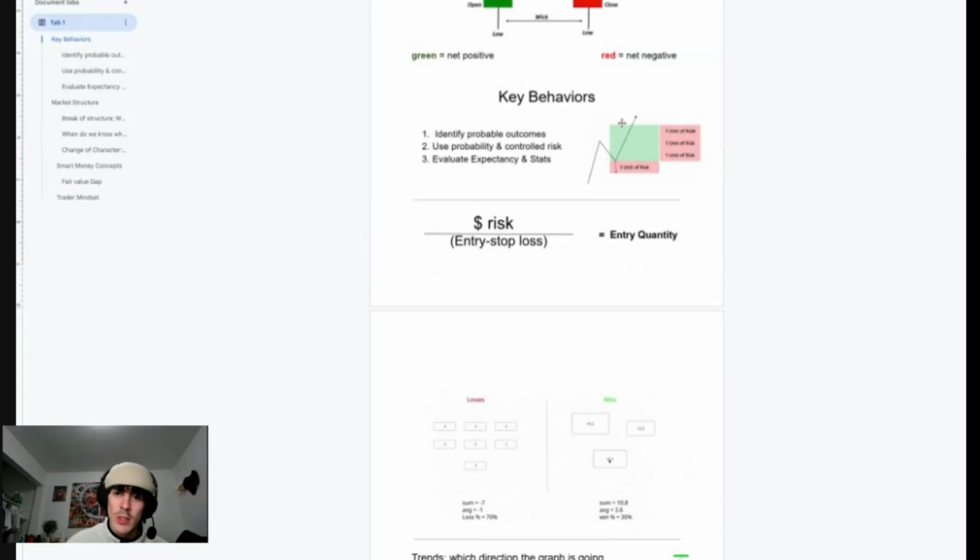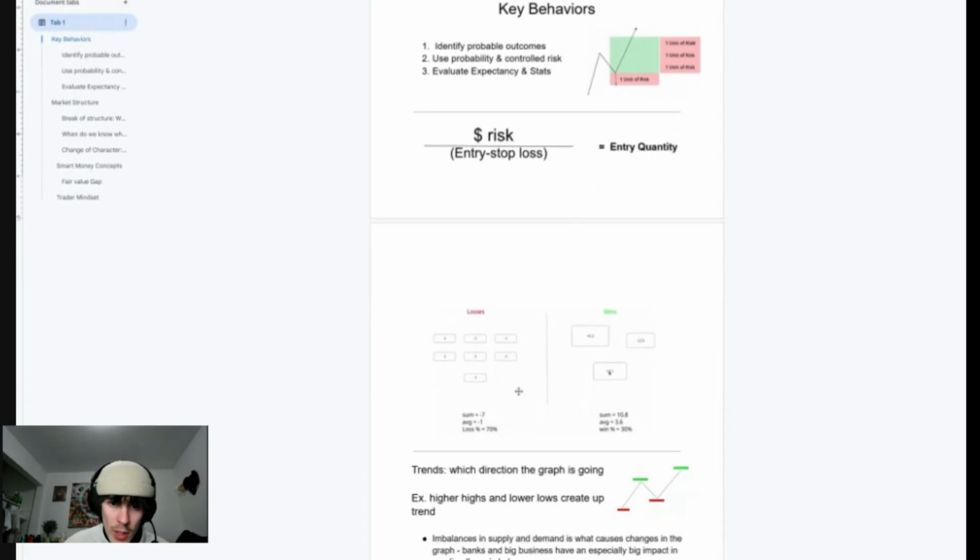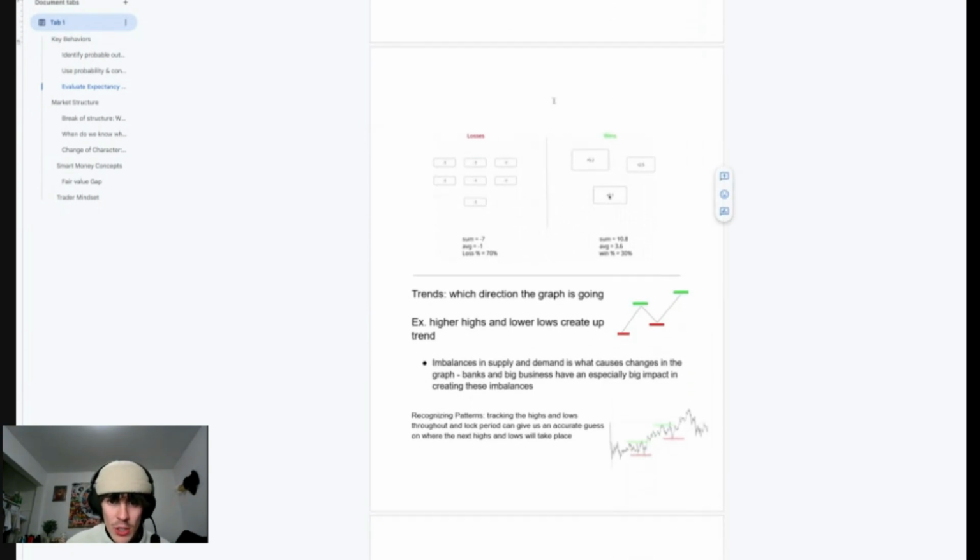So right here is just an easy to understand little graph. We're risking 1 unit, and in a trade we might gain 3 units or so on. Right here kind of shows how we can calculate our proficiency, our profitability.